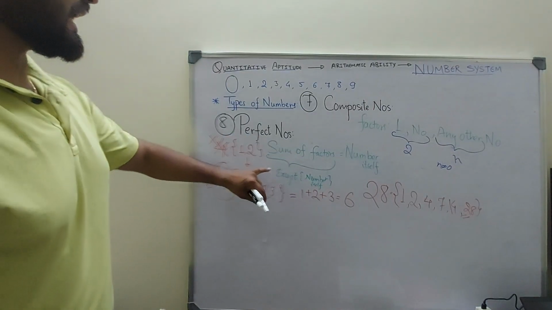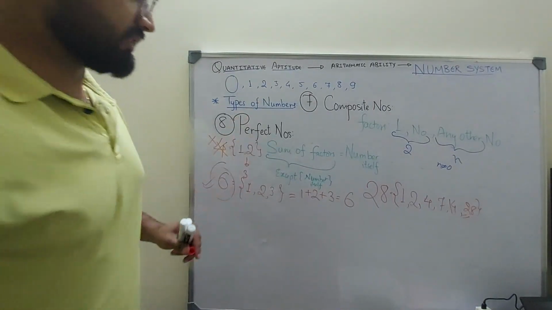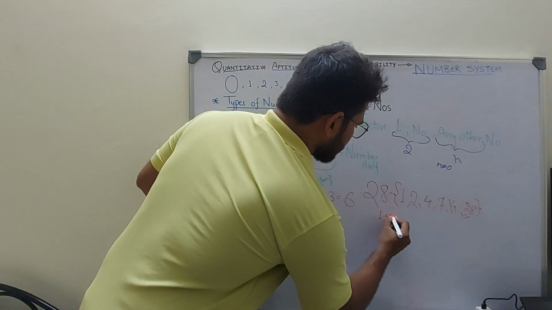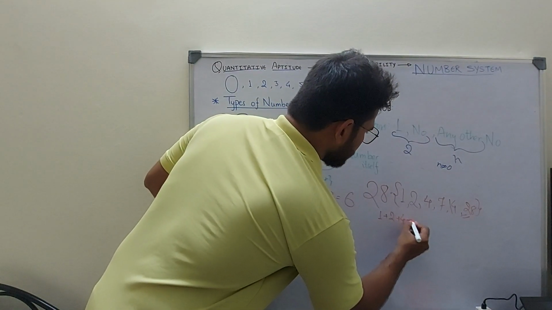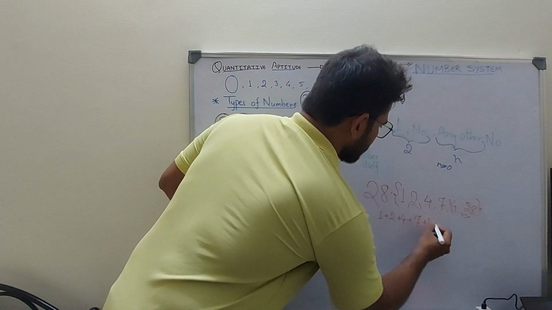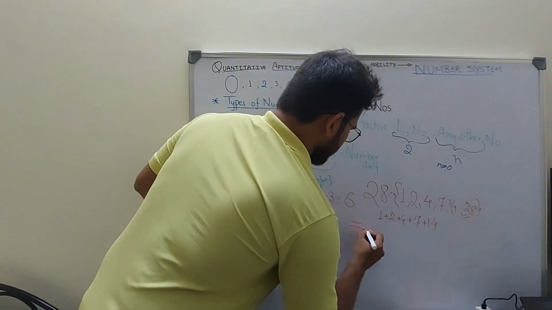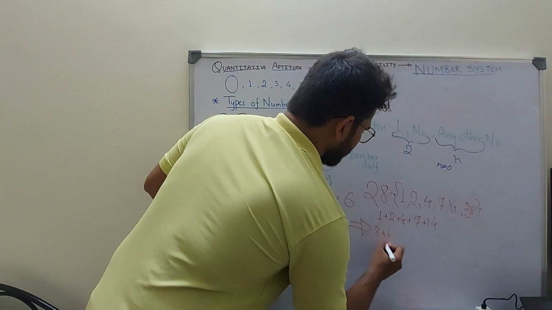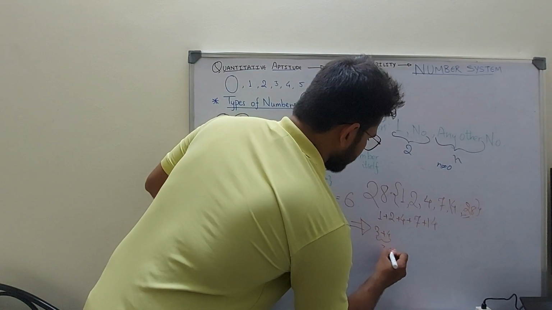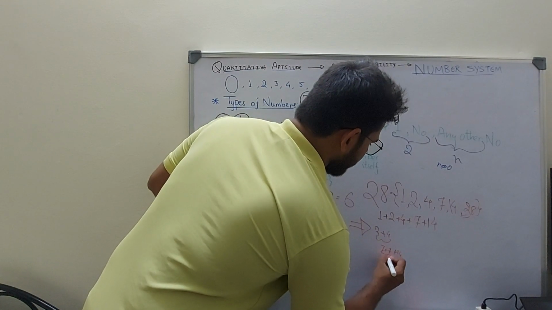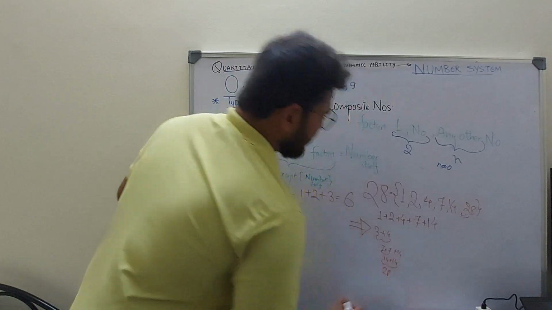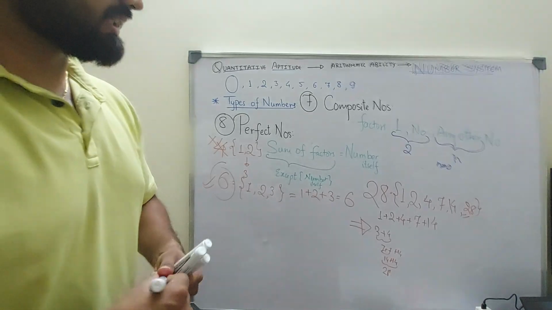So sum of factors except the number itself while addition. So what will it come to? 1 plus 2 plus 4 plus 7 plus 14. It will come to 3 plus 4, that is 7, plus 7, 14. This is 14 plus 14, 28. Correct?